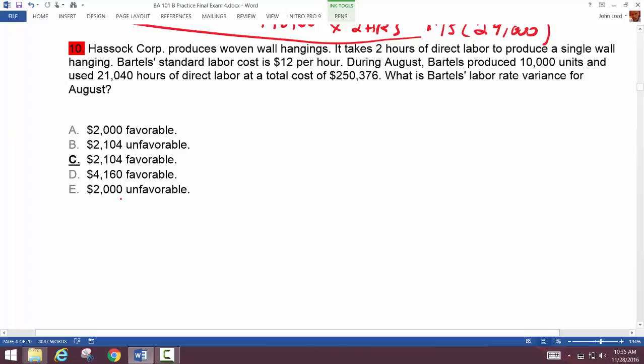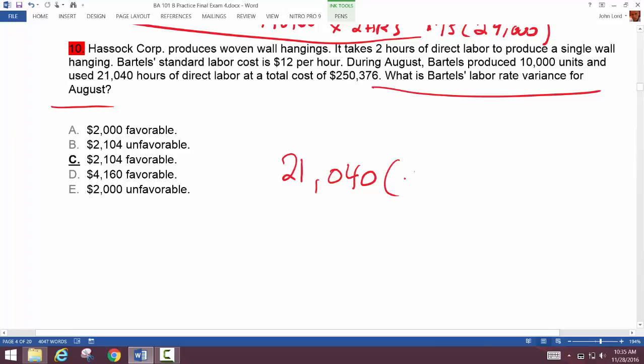So if we want rate this time, what do we need to do? Is that what they're asking, rate variance? We need to take the actual hours, 21,040, and it's going to be standard rate minus actual rate.